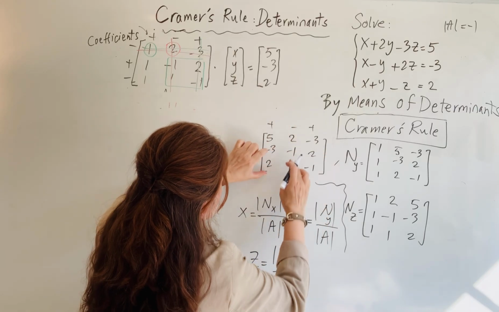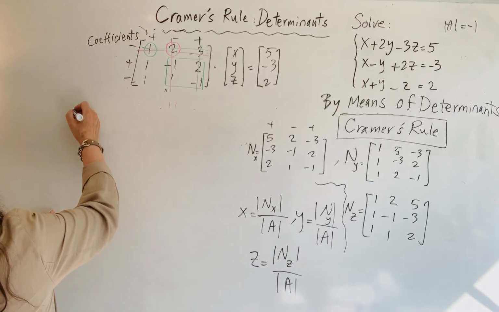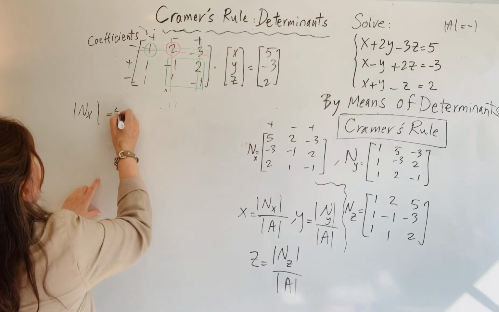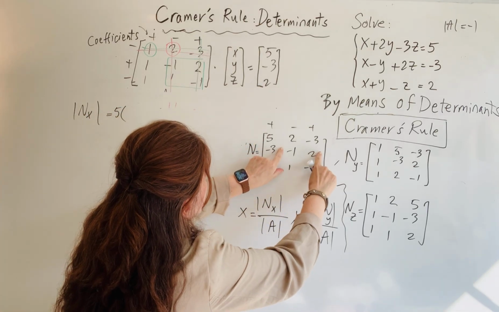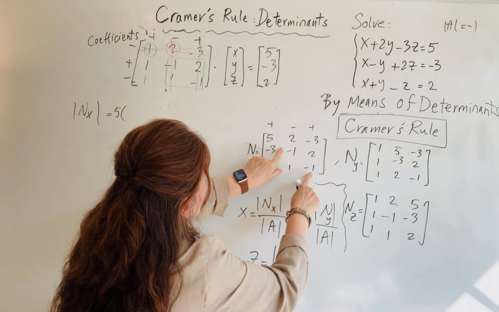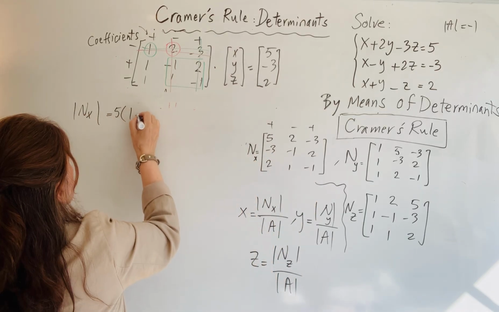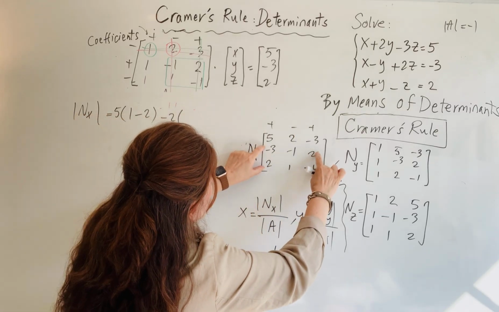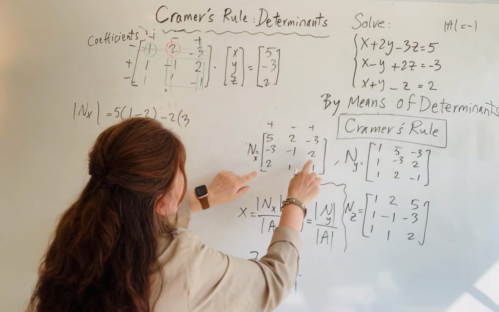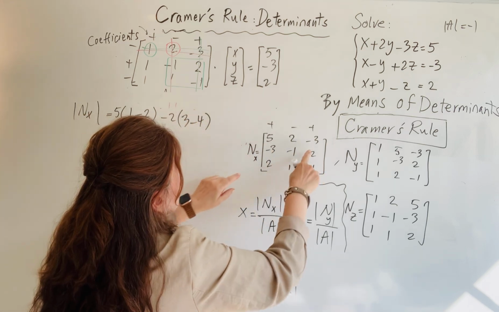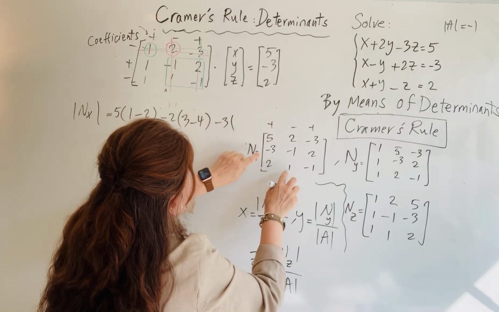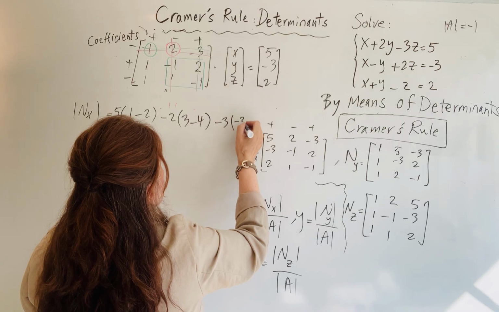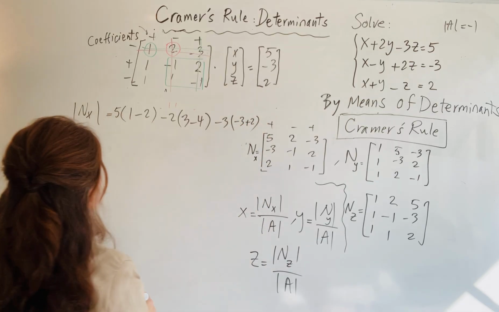I can do 5 times the determinant of this one: negative 1 times negative 1 plus 1 minus 2. Then this is negative, negative 2 times these two, negative 3, and so on. How much is it going to be?